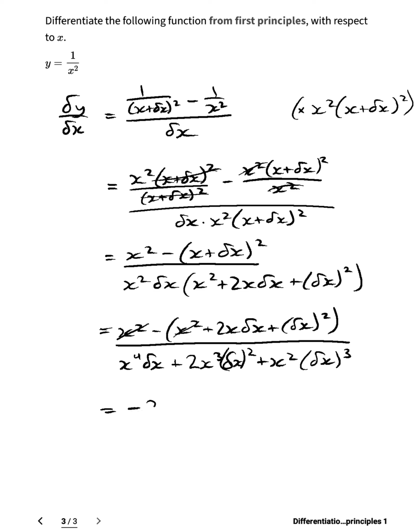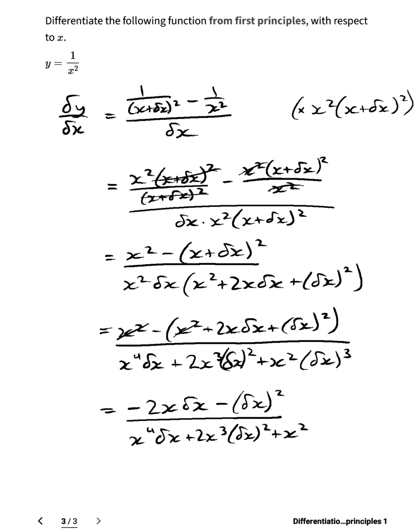So we've got negative 2x delta x minus delta x squared. And down here we got x to the power of 4 delta x plus 2x cubed delta x squared plus x squared delta x cubed.